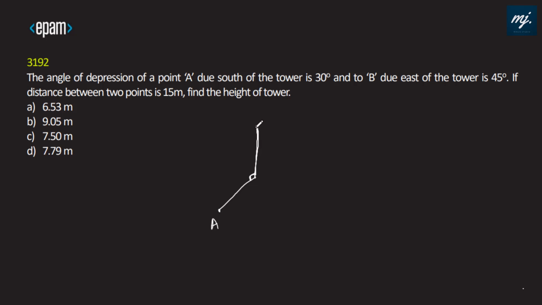Then this angle of depression is 30 degrees. Let it be tower T. And point B is due east, and the angle of depression is 45 degrees.